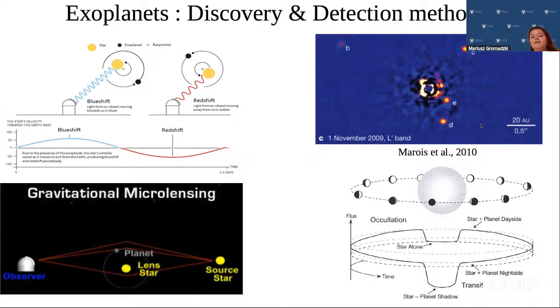This way, we see a curvature. Because of this curvature, the light emitted by a background source star will change its trajectory. As a result, the mass of the lens, the star and the host planet, will act as a lens, curving the space-time around it.